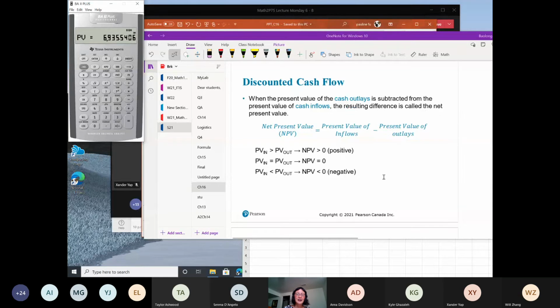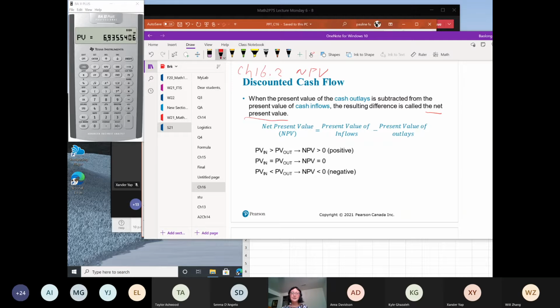So that is the discounted cash flow. When the present value of the cash outlays is subtracted from the present value of cash inflows, the resulting difference is the net present value. So this is chapter 16, session 2, net present value. We finished session 1.